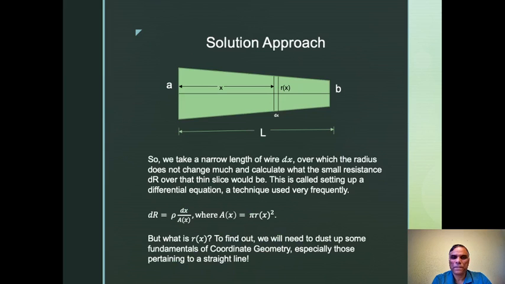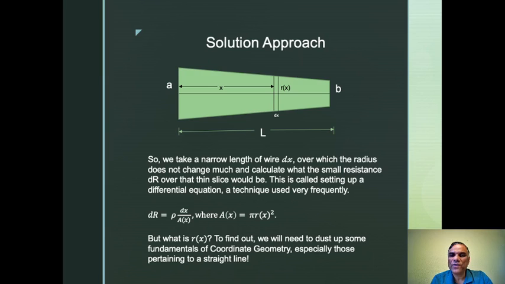Okay, so what we do is we take a narrow length of wire of length dx, right? And dx is situated at x, at a distance x from one end, and we assume that across this small length dx, the radius of the wire doesn't change much. Okay, so it is r here and r on this side, so the radius doesn't change.